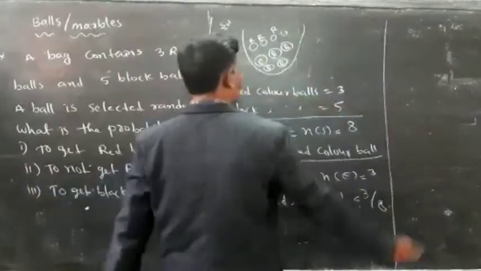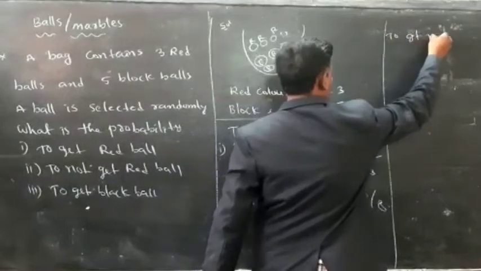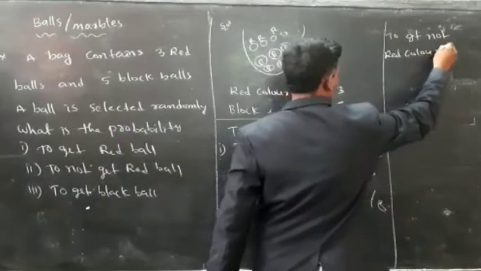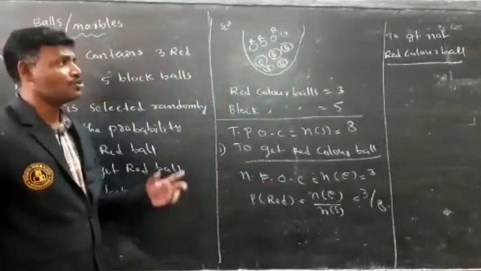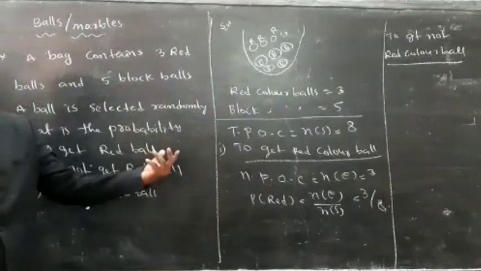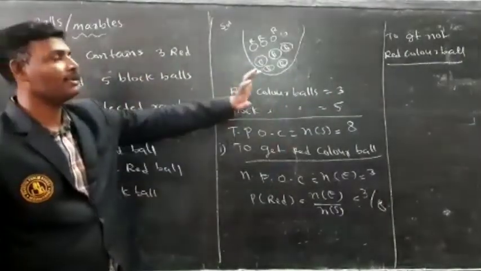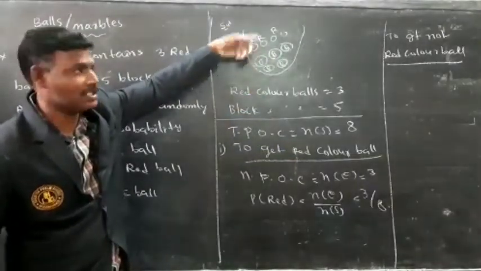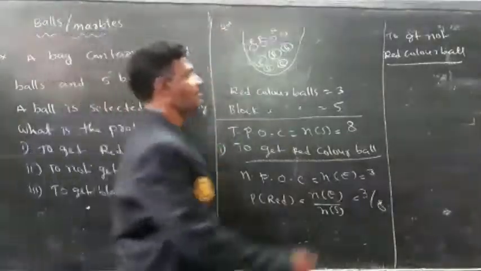Next one, to get a not red color ball. It means to get a not red color ball, except red color, we can take the other balls. So here there are red color balls and also black color balls. Not red color ball means we can take black color balls.